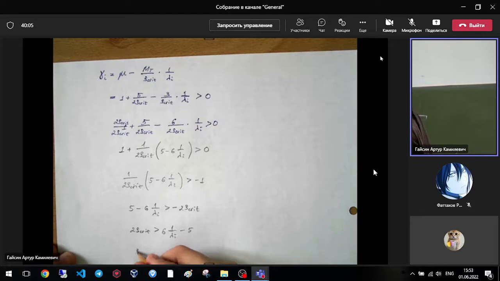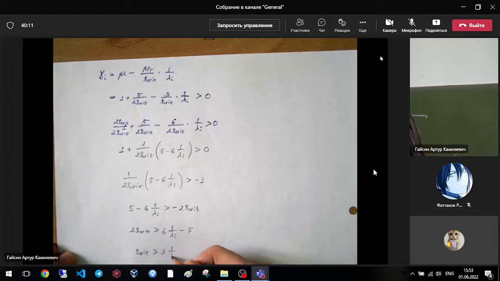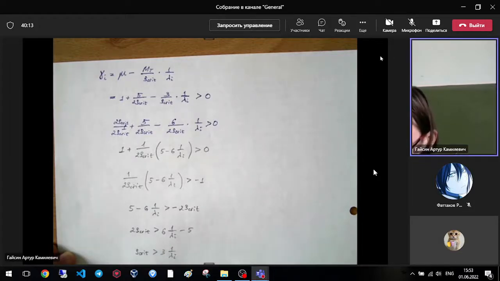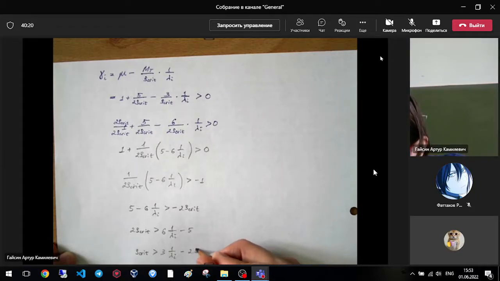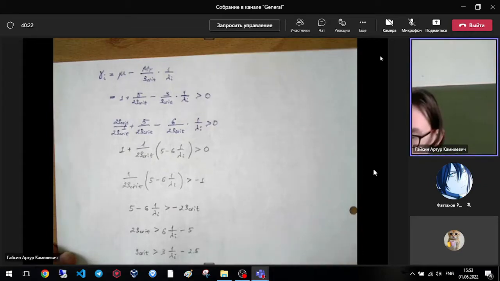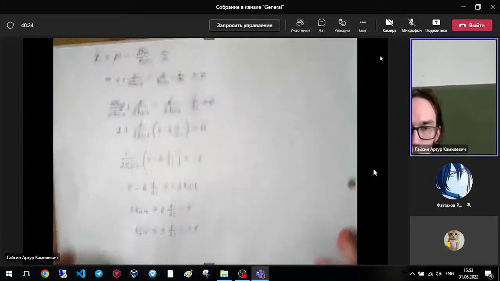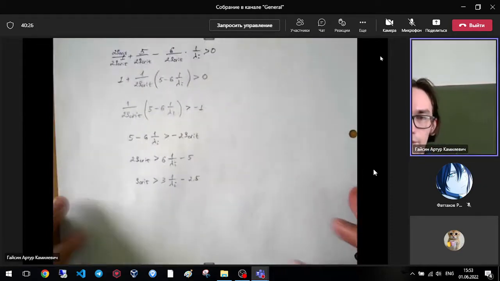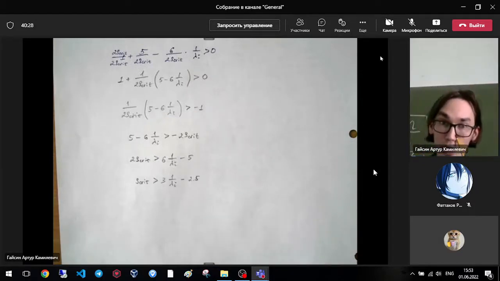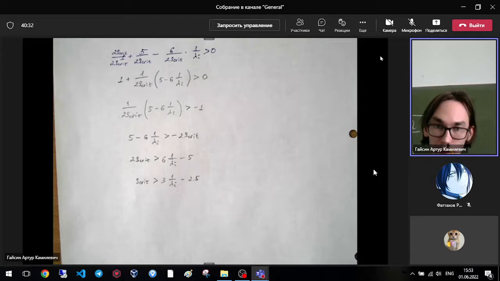So we have rho critical more than 3 multiplied by 1 divided by lambda i minus, let's write 2.5. And in this case, we can put here our lambda i's. So I think we can start with the smallest one.